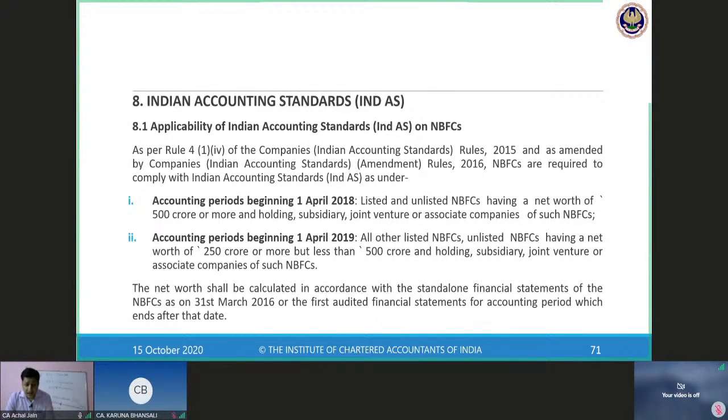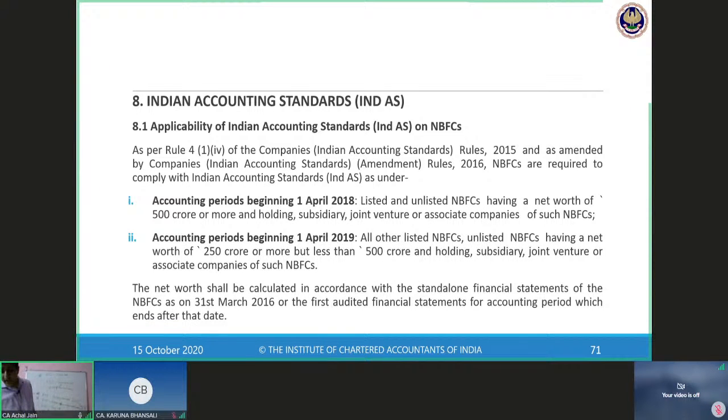So a listed NBFC will automatically get covered in phase number 2, and therein, for that listed NBFC, net worth etc. will not be required to be checked. So that's the criteria which was followed for the applicability of Ind AS.